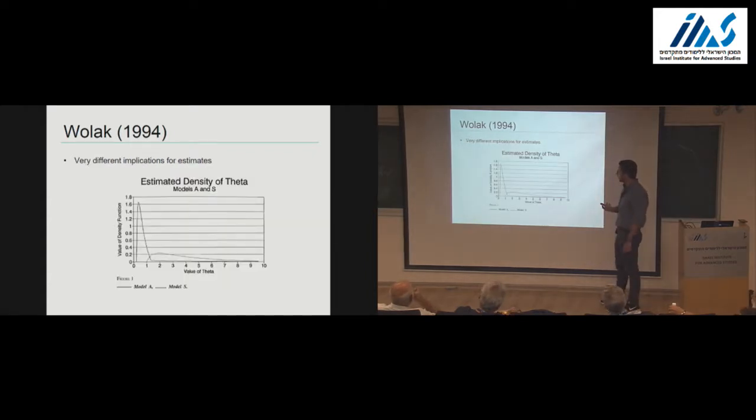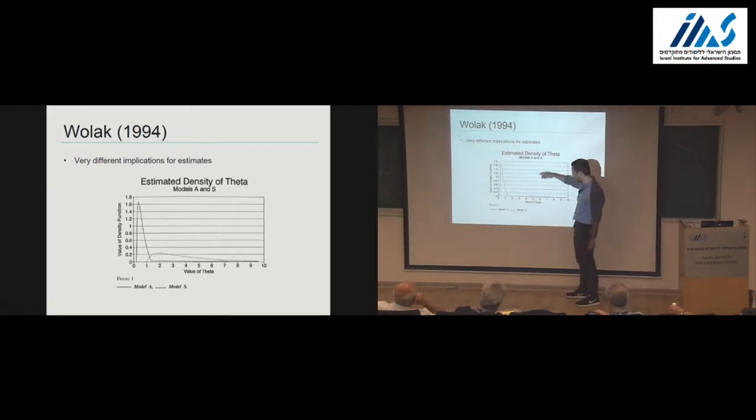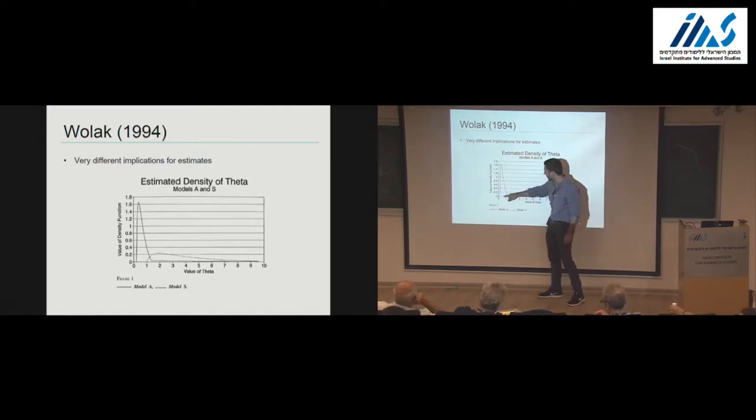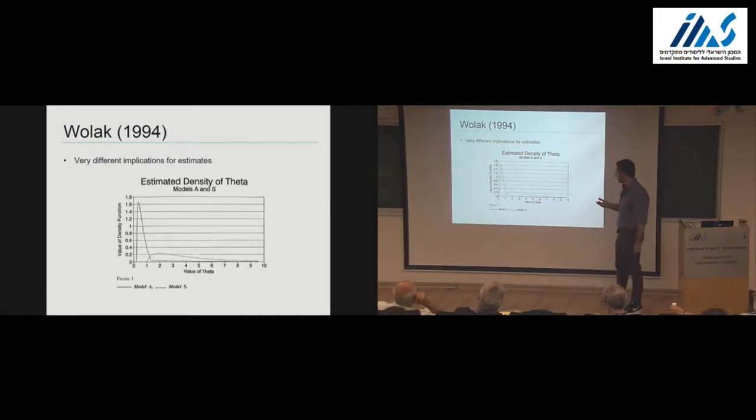Now, in terms of the implications, he has estimates for both models. This is the distribution of theta under each model. This is under the full information S, and this is under asymmetric information. They're wildly different from each other. I don't know how much I believe either of them, given all the assumptions, data quality, and so on.